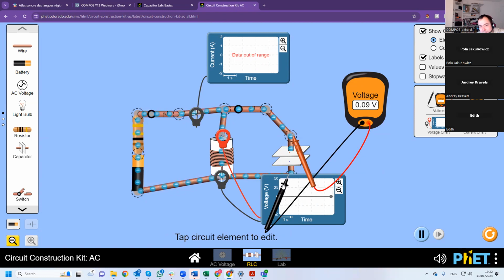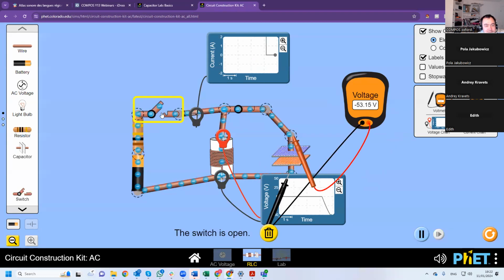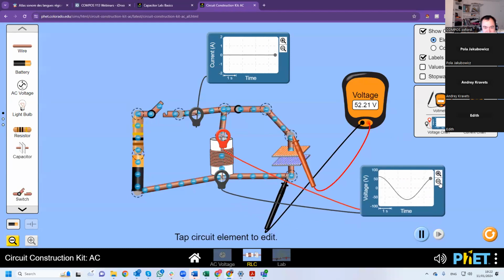I mean, 0.09 volts won't make any difference realistically, but just for the sake of the experiment. Okay, now I disconnect the battery. And the voltage just goes crazy. 60 volts. I got 60 volts. That's quite fascinating. I mean, it fascinates me.